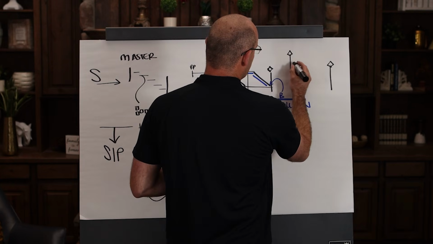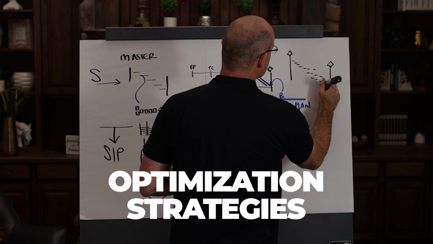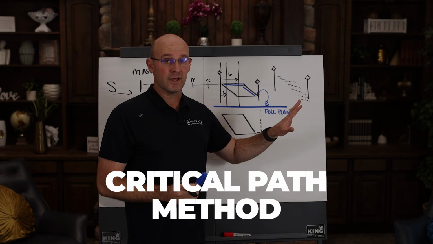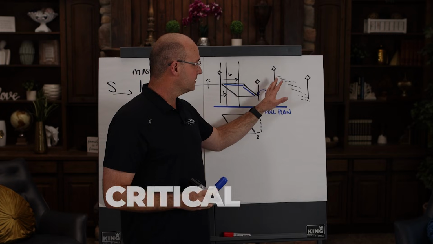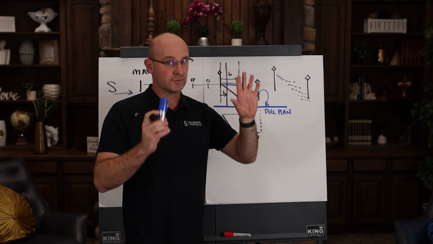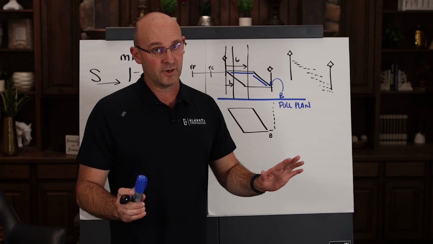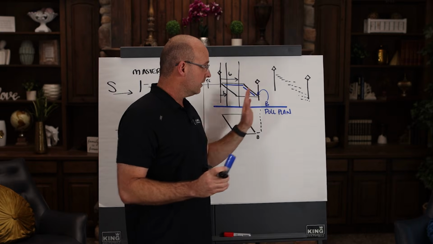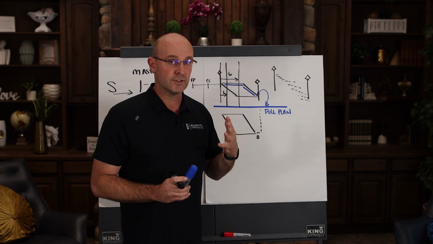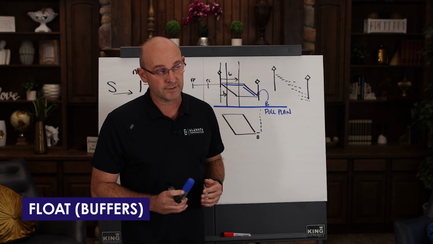Your CPM is problematic because it is not going to have optimization strategies typically built in, meaning the critical path method is designed to make sure that you don't have float or buffers. I'm not talking about longest path, I'm talking about the critical path. Everything has been pushed forward and back to its earliest start, and you don't have float or buffers in the system, typically.